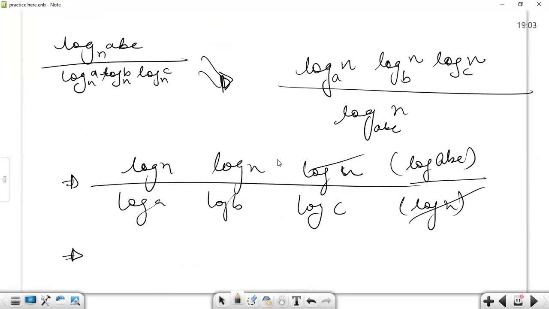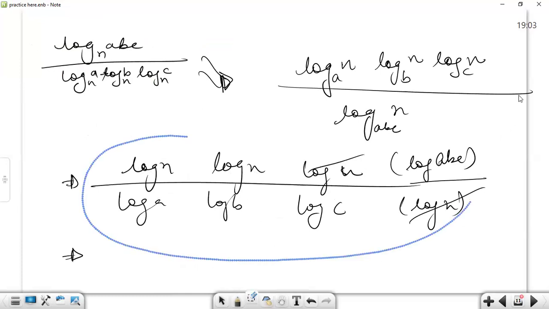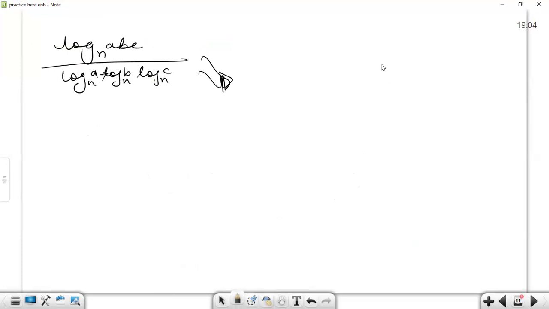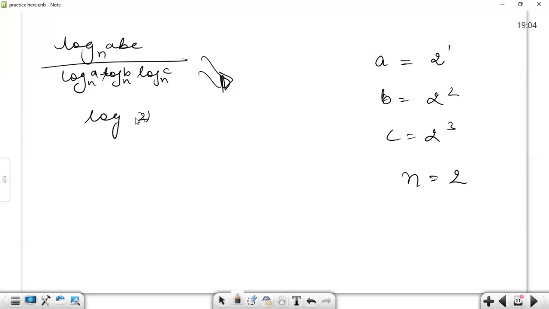So our now simplified version is here only. So let's try that assumption method, in which we will assume the value of a as 2 raised to power 1, b as 2 raised to power 2, c as 2 raised to power 3, and n as 2, basically. Okay. So this will become logarithm of ABC is what? 2 raised to power 1 plus 2 plus 3.